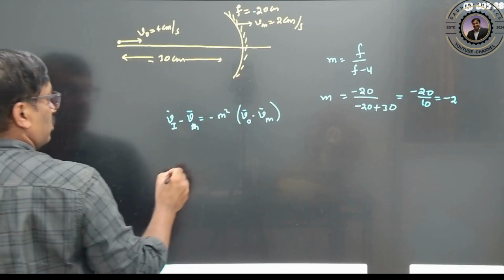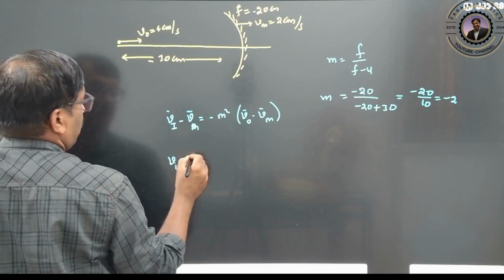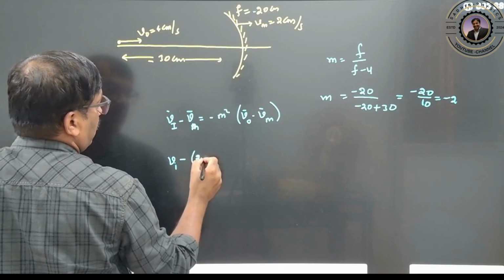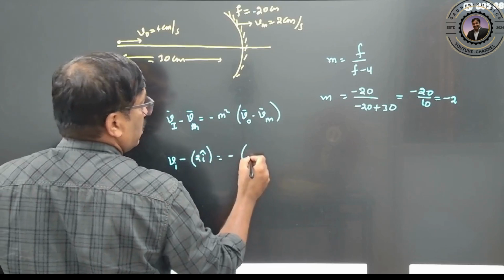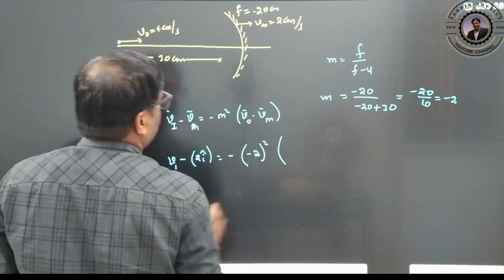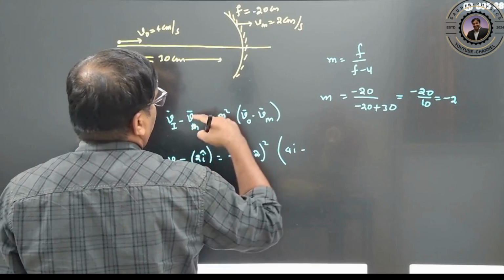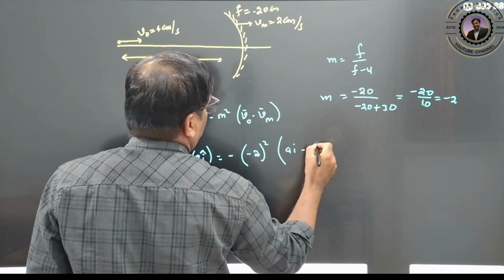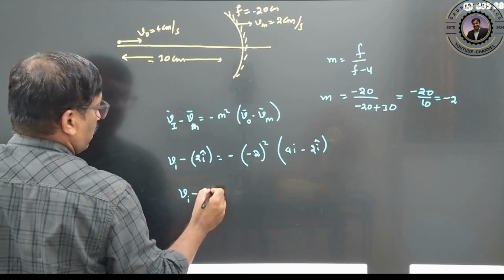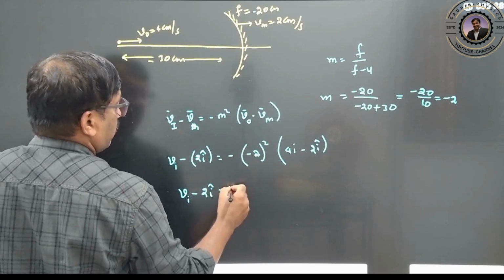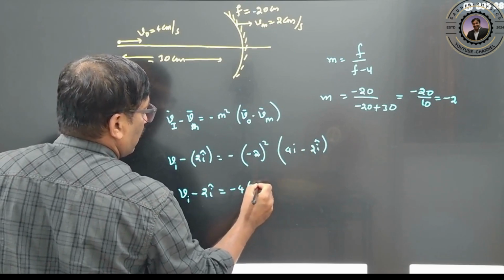Clear? So the velocity of the image we want to calculate now. The velocity of the image minus the velocity of the mirror, which is 2I cap. So minus the magnification, which is minus 2 whole square, into the velocity of the object, which is 4I cap, minus the velocity of the mirror, 2I cap. So the velocity of the image minus 2I cap is equal to minus 4 into 2I cap.